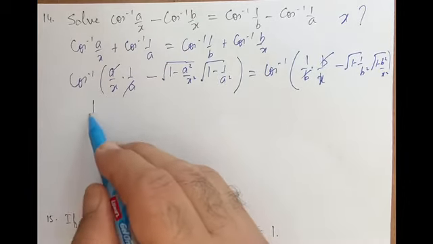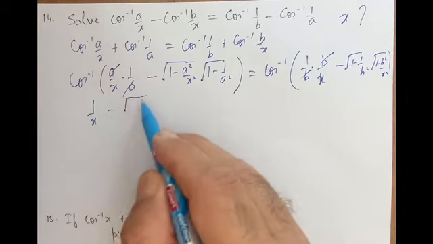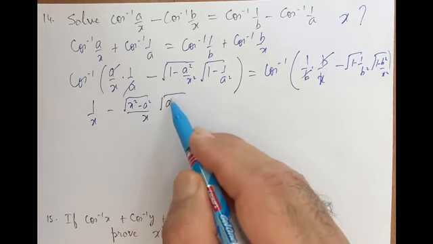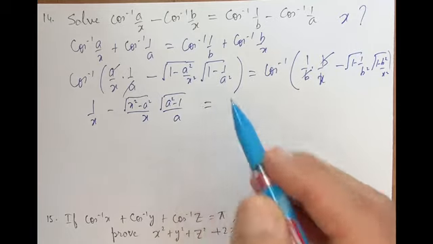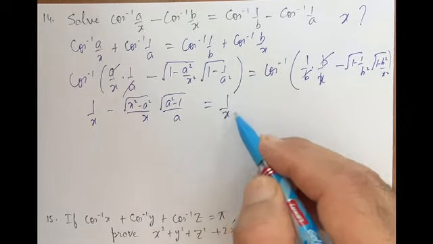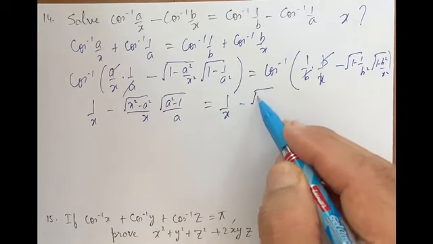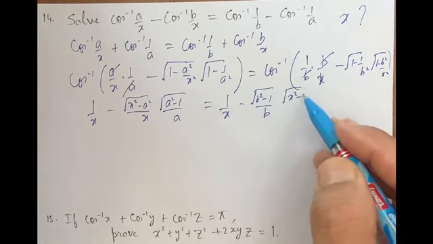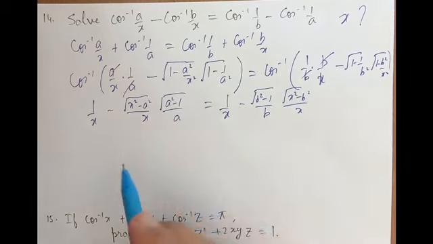Taking cos on both sides, this is x square minus a square upon x, this is root of a square minus 1 by a, this is 1 by x, minus root of b square minus 1 by b. Root of this will be x square minus b square upon x.